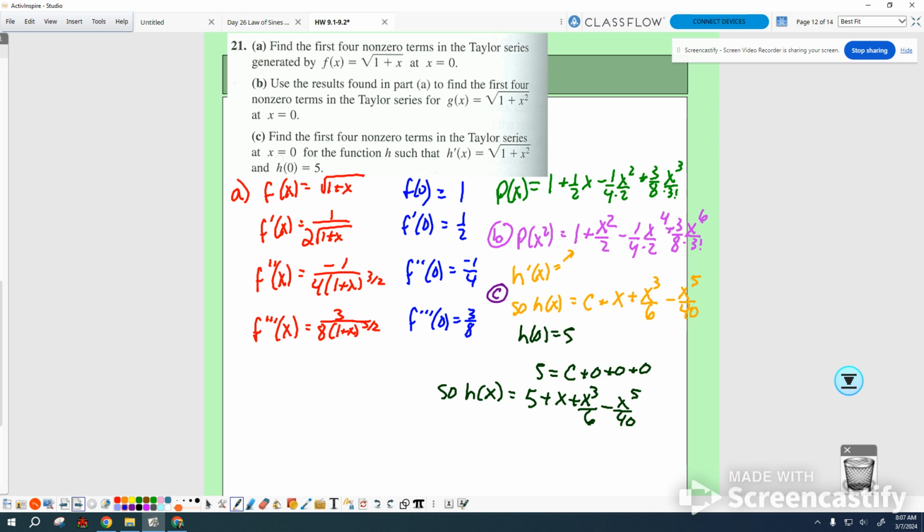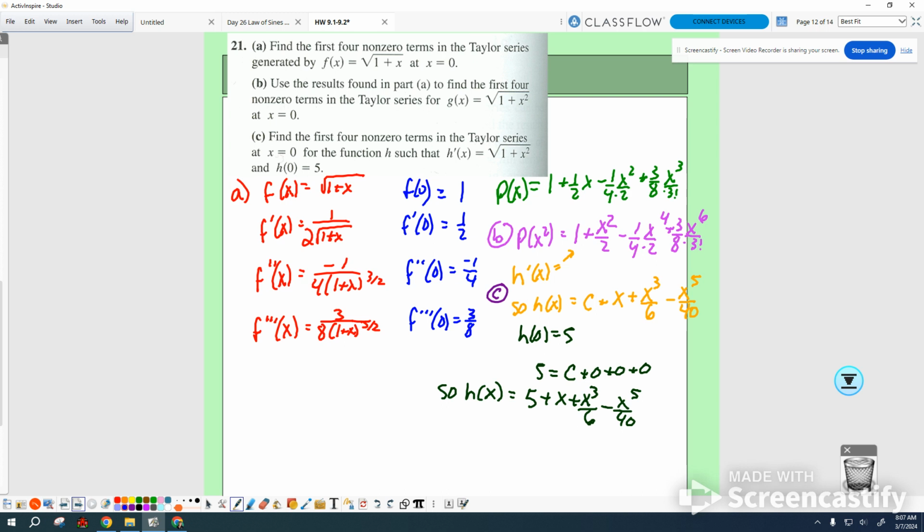The thing we found in pink is H prime. Again, H, I need to integrate, right? Yeah, we already know that that's one. H of 0 is 5.